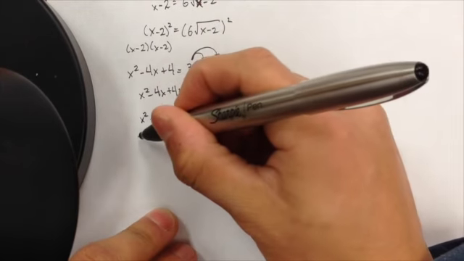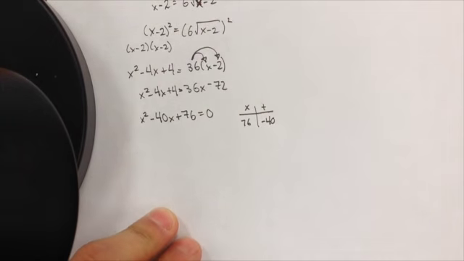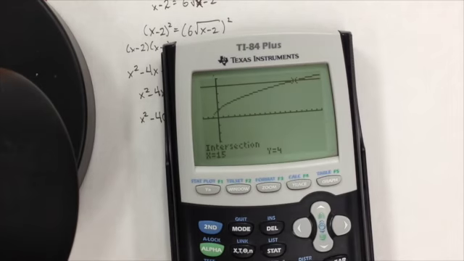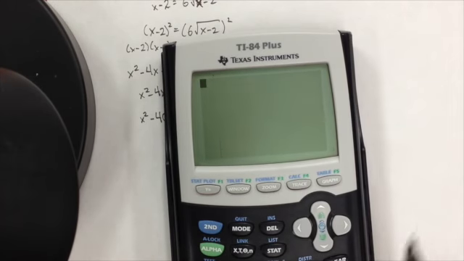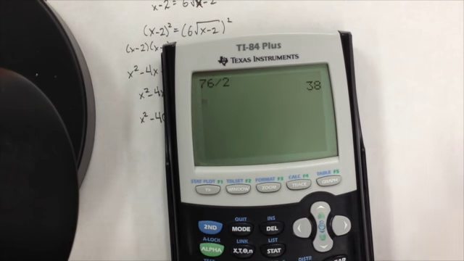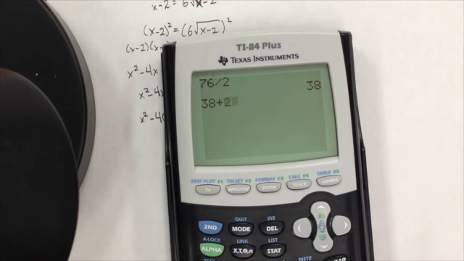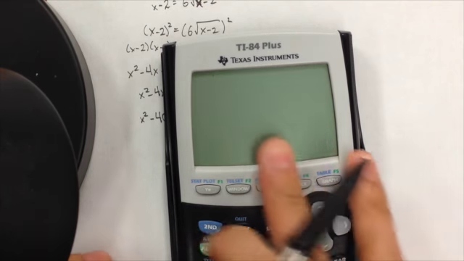Let's think of these numbers. 76 divided by 2 is 38. 38 plus 2 is 40. Good, those are our numbers.